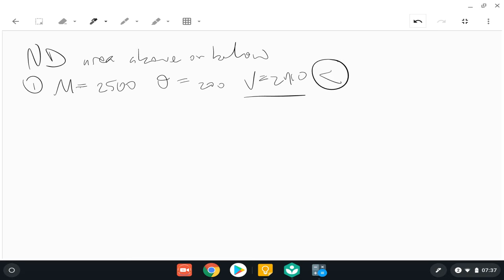Let me write this down for you first. The variable minus the mean, over the standard deviation, equals the z-score, which is the distance from the mean.